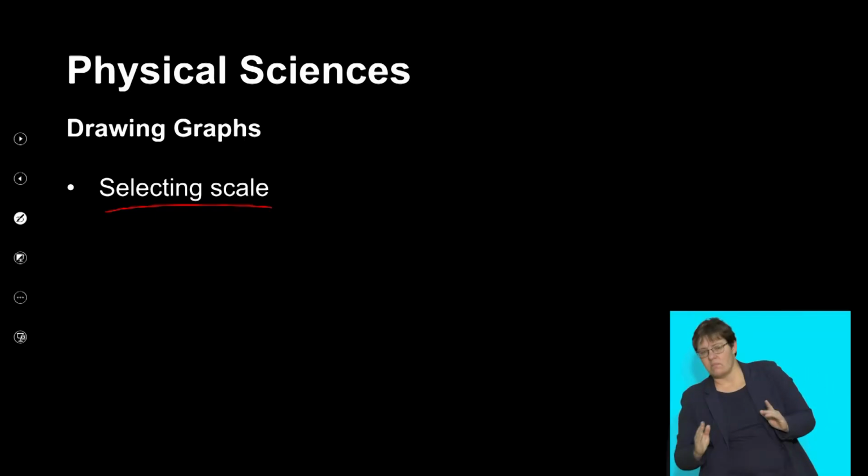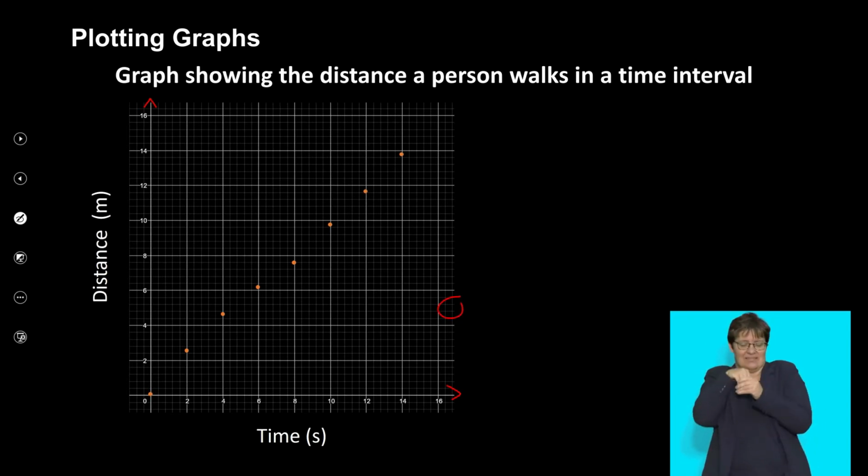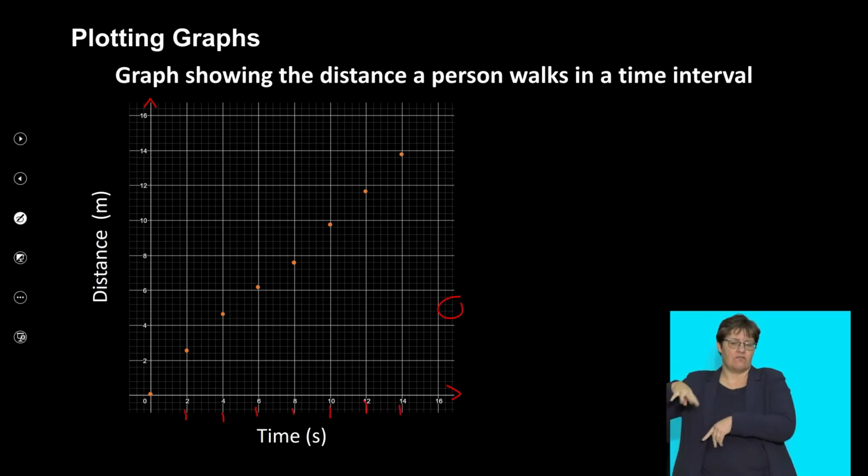And then you've got to do some clever thinking as you look at your piece of graph paper. So your graph paper for selecting scale will be one like this, where you've got blocks and you've got lines, and you'll see these are the bigger lines, and then you've got these smaller lines that represent different units. Now, the scale on this is very evenly divided. It's every 2 seconds. So that's 2, 4, 6, 8, 10, 12, 14, 16.